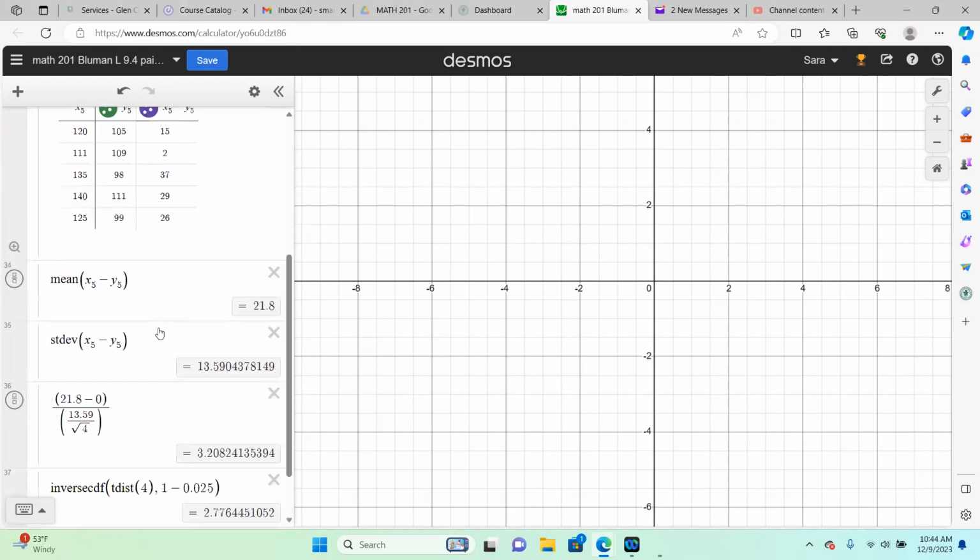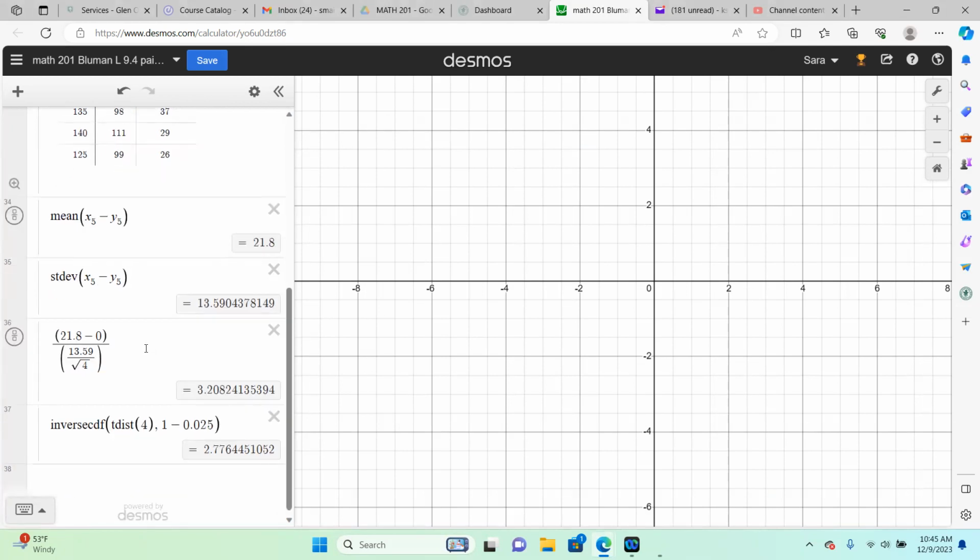And so there's that. And so we did dominant minus the offhand. So our mean and standard deviation, and then our test statistic was 3.208, and our critical T is 2.776.